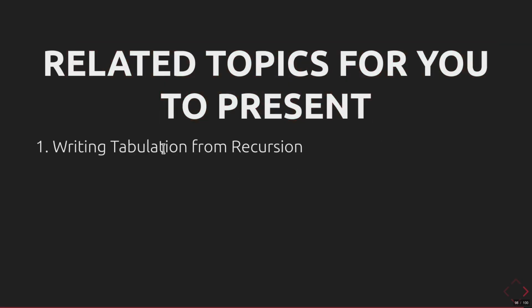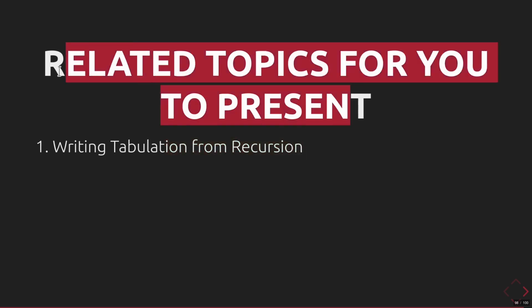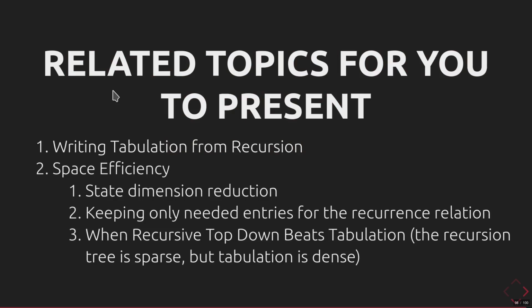So writing tabulation from recursion, I might actually do this at some point. I'm not sure if it's going to be part of this season. Another thing is to talk about space efficiency with respect to tabulation. I think it's worthwhile to separate this as its own presentation, as there are quite a few things you can talk about.